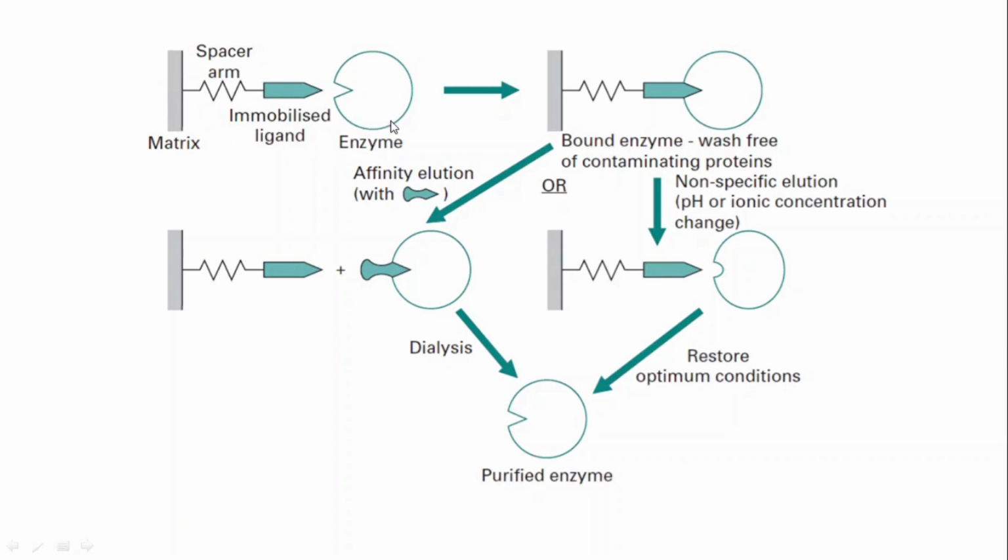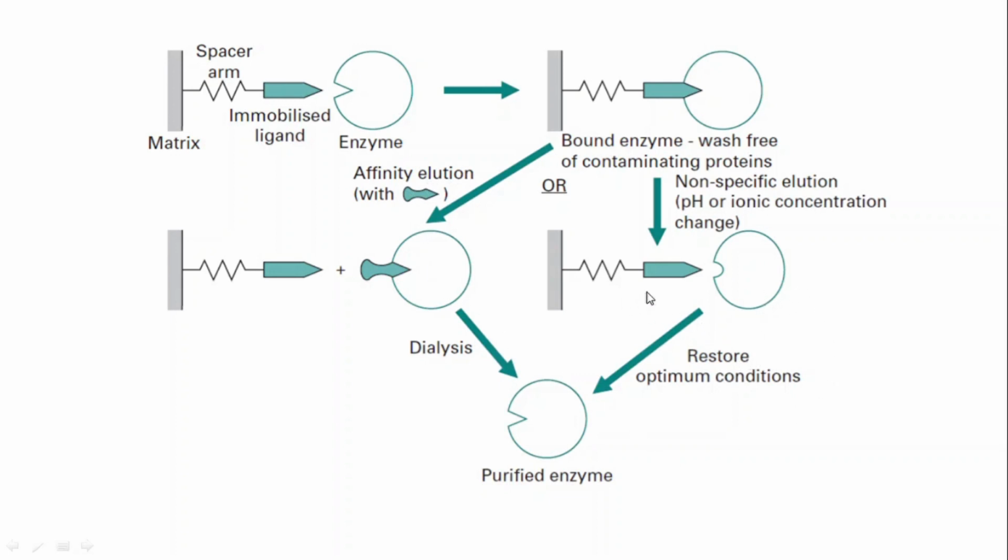This is the enzyme. The enzyme gets bound to the ligand, which helps wash free the contaminating proteins. Then comes non-specific elution, that is, a pH or ionic concentration change, or affinity elution with the ligand.